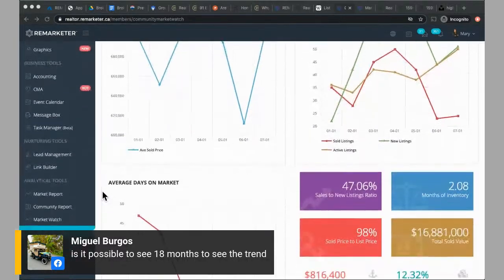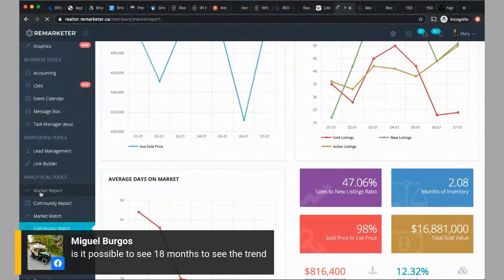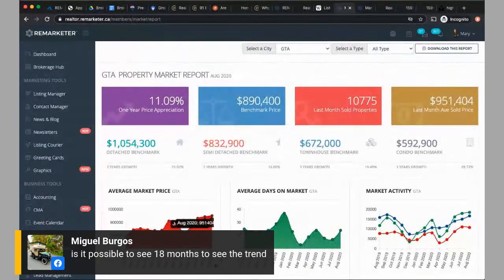Yeah, I understand what you mean. Right now here we have a 13-month gap, but yeah, it could be interesting to also have 18 months, so you could see the trends before in the last year as well, not just point to point. It's a little bit difficult to fit into the graphs here.